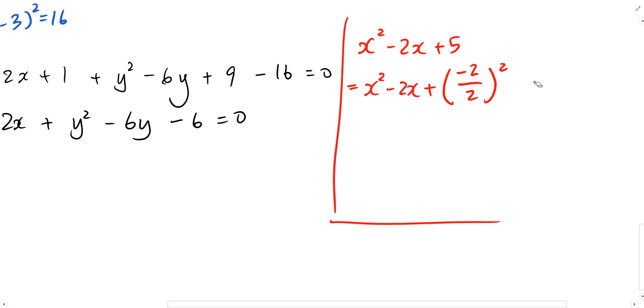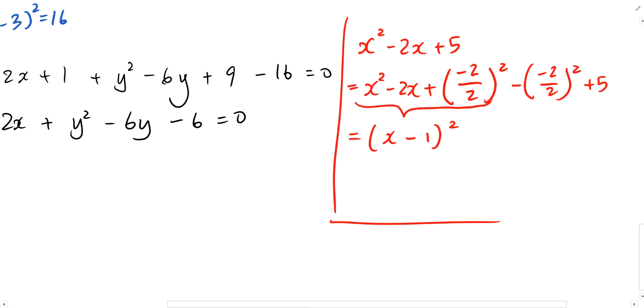You plus already, then you must minus it away. Minus (negative 2 over 2) squared plus 5. So here we have (x minus 1) squared, okay, these three terms. Then minus (negative 2 divided by 2 is negative 1, right?) squared, you get 1. So minus 1 plus 5, you plus 4. So this is completing the square. This is how we did it.